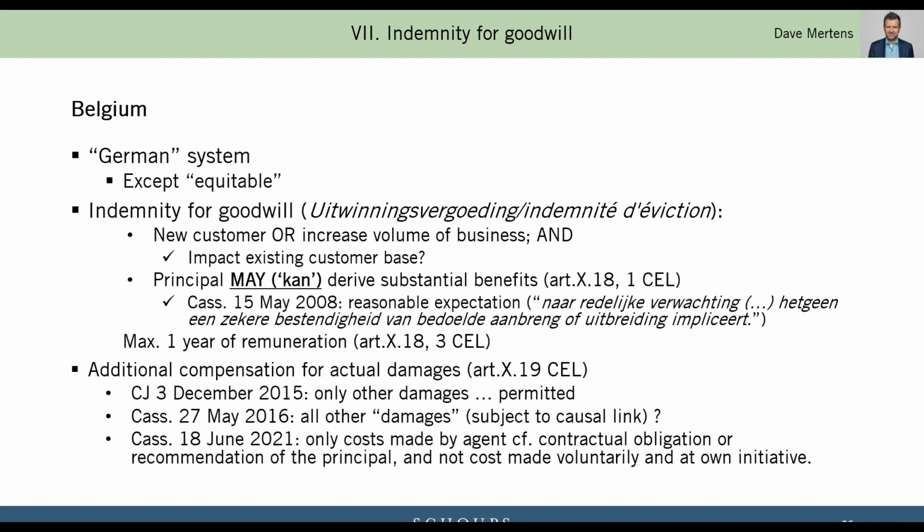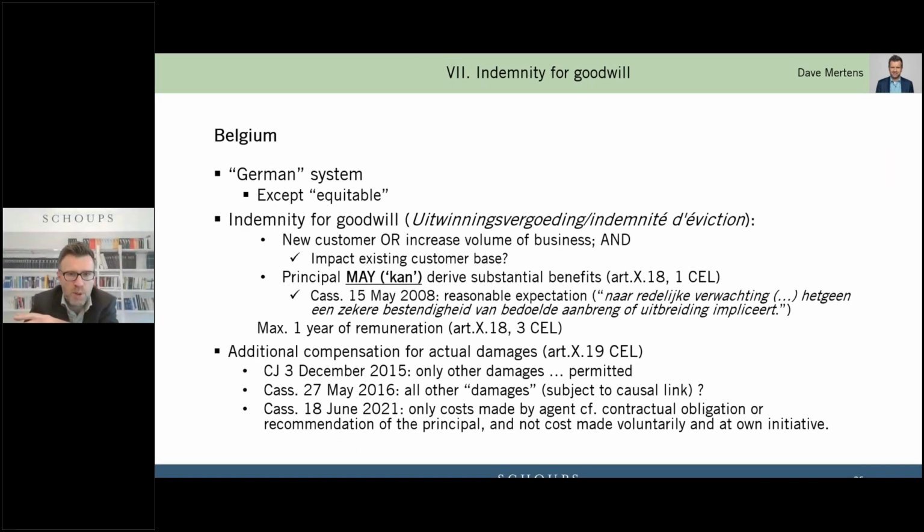I think it's a sort of nuanced approach. The Belgian Court of Cassation says the indemnity for goodwill is payable if we talk about reasonable expectations. You can reasonably assume that that customer base or a substantial part thereof will stay with the principal. And I think that's two ways of saying the same thing.